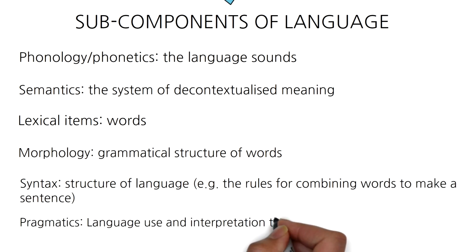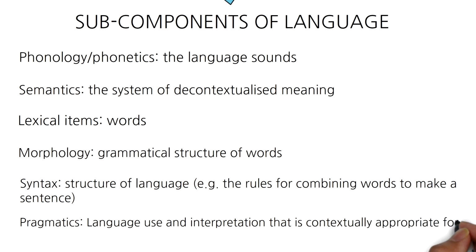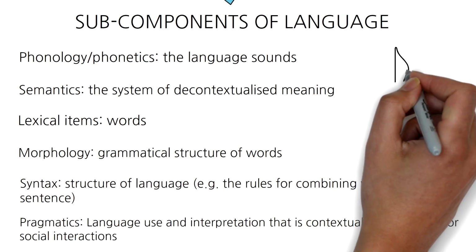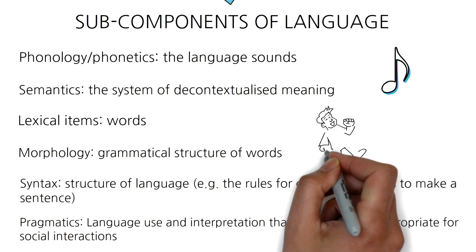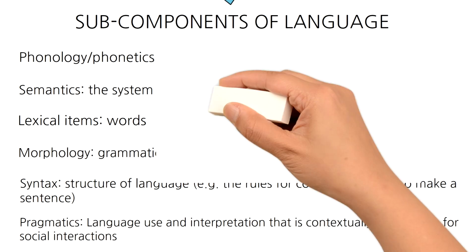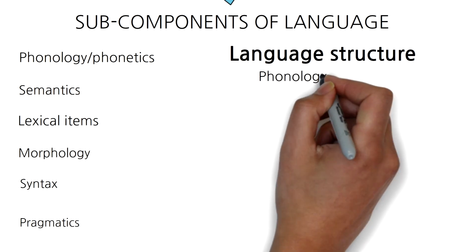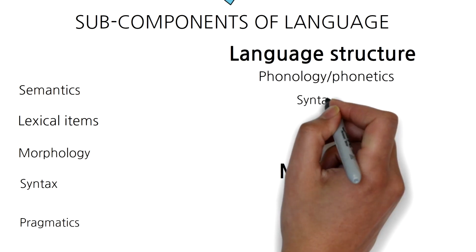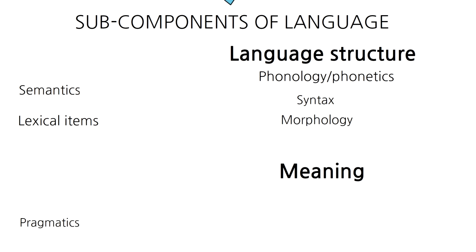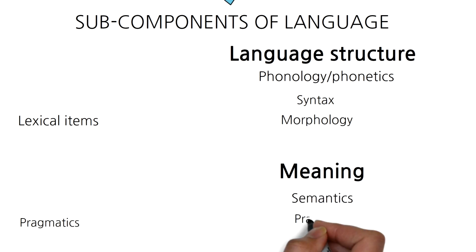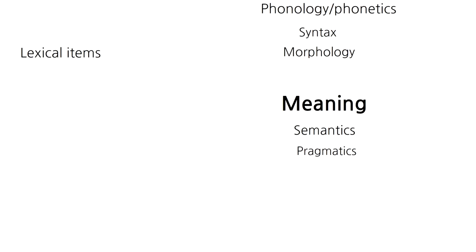And pragmatics, which is how language is used and interpreted in a contextually appropriate manner for the purpose of social interaction. These subcomponents can be broken down largely into language structure and also meaning. So syntax, morphology and phonology are under language structure, whereas semantics and pragmatics are under meaning.